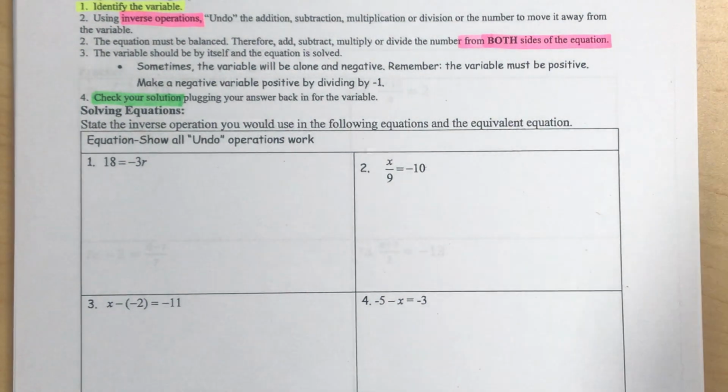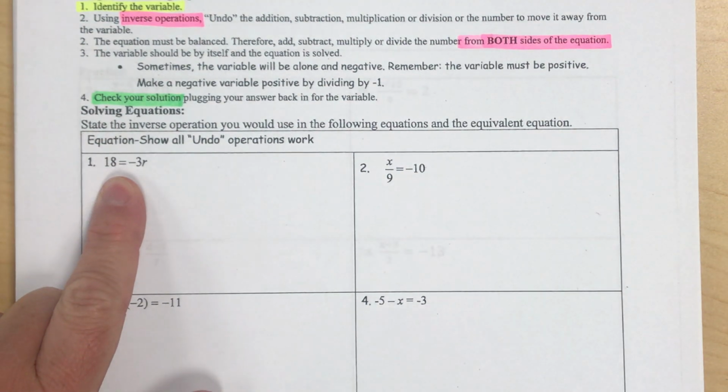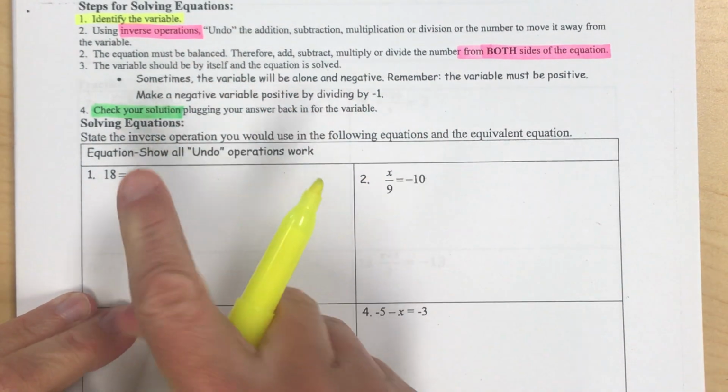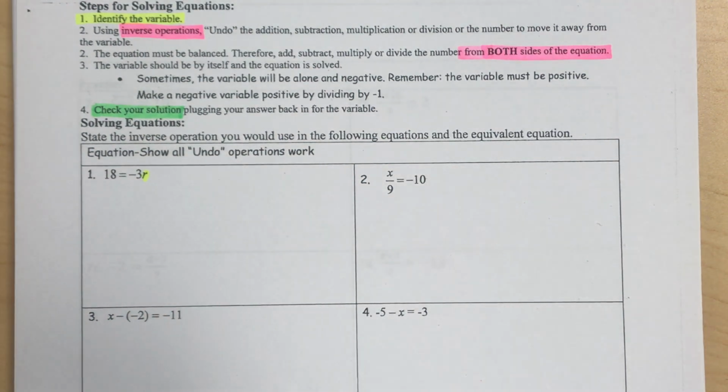Okay, for my question 1, it says, show all inverse operations in my work. First, what I'm going to do is identify my variable. So I'm going to solve for the letter R. Right now, that letter R is being multiplied by -3. So how do I undo a multiplication?